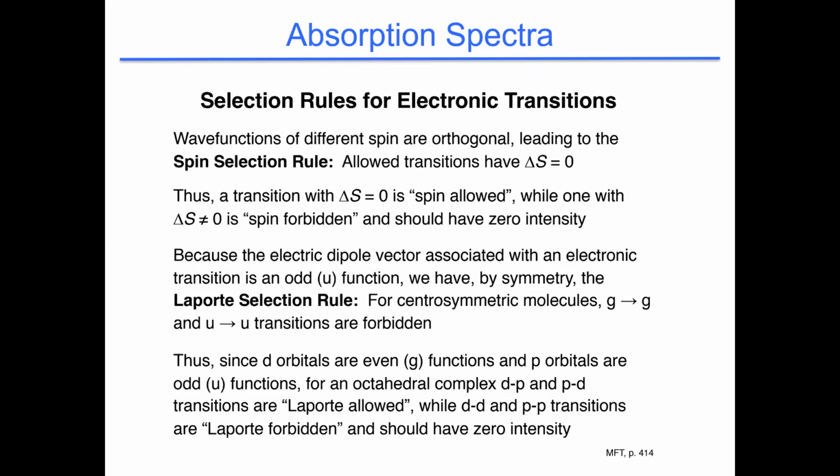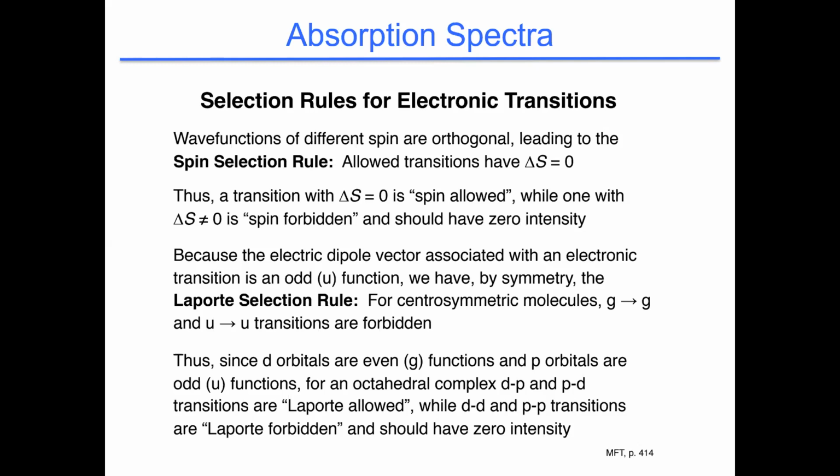The second selection rule arises because the electric dipole vector associated with an electronic transition is an odd function. You have, by symmetry, the Laporte selection rule. For centrosymmetric molecules, such as an octahedral molecule, g to g and u to u transitions are forbidden.